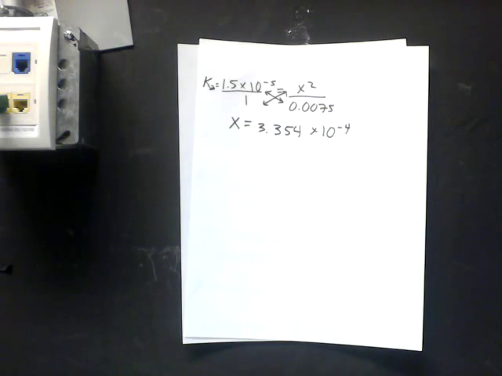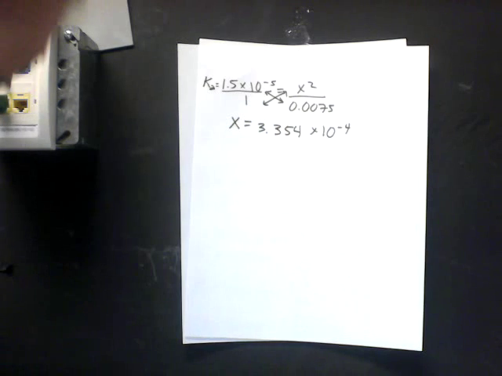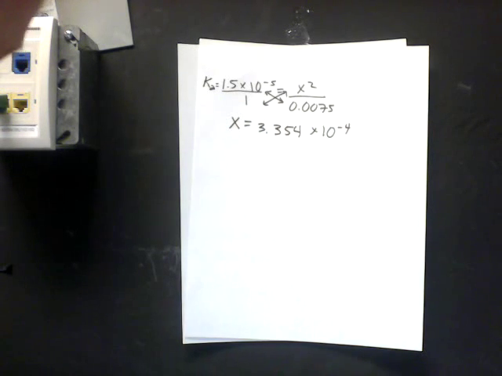Now, what is the question asking for? I got down to X, and a lot of people will just stop there because they're not really looking at what the question is asking, right? What you're going to do is find percent ionization. That's what it's asking for.